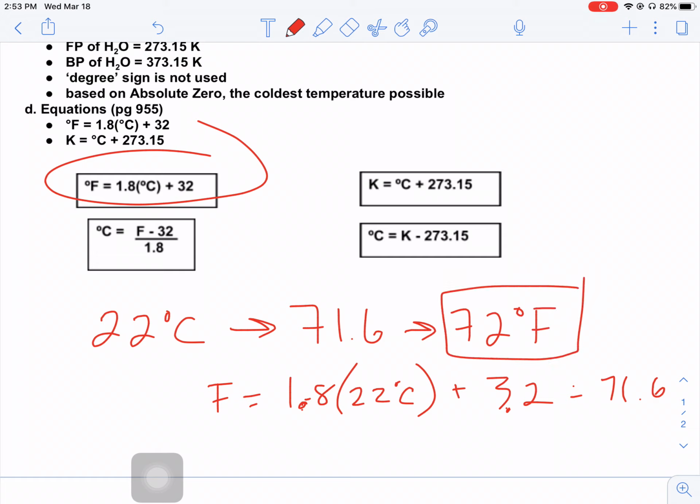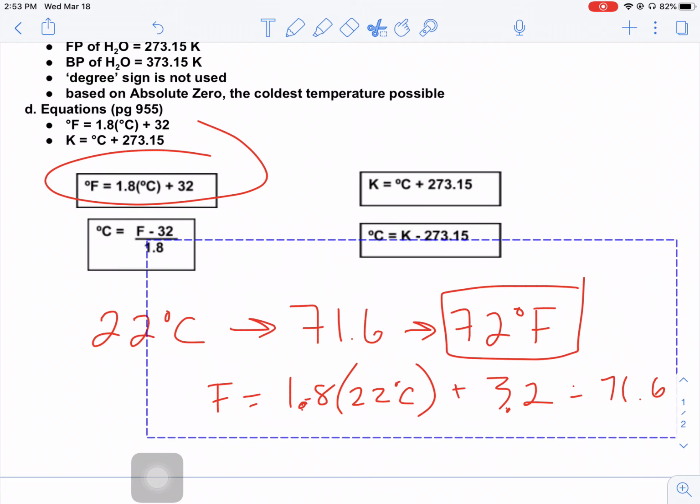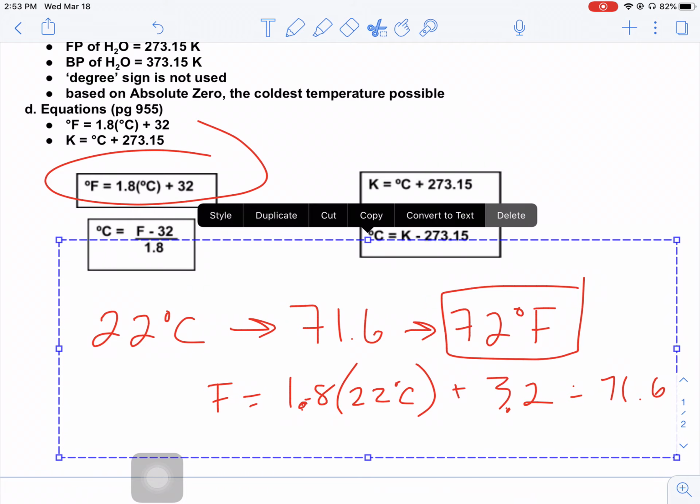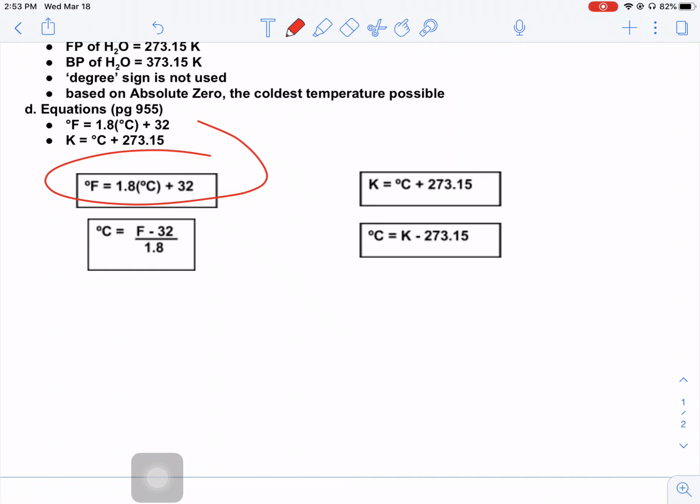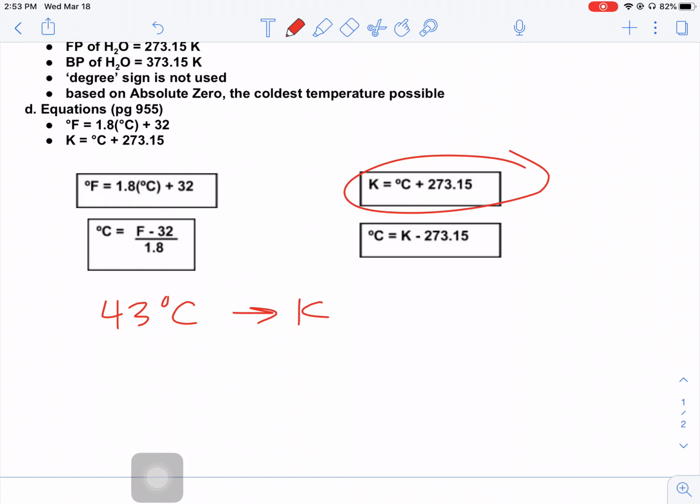And for my third example, I think I'm going to do a Celsius to Kelvin and Kelvin to Celsius. So if I have a temperature, let's say it's 43 degrees Celsius, and I want to convert that to Kelvin, I am going to use this equation right here. So Kelvin is equal to degrees Celsius plus 273.15.